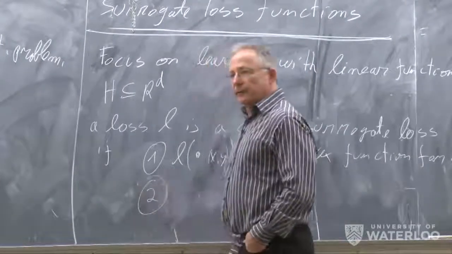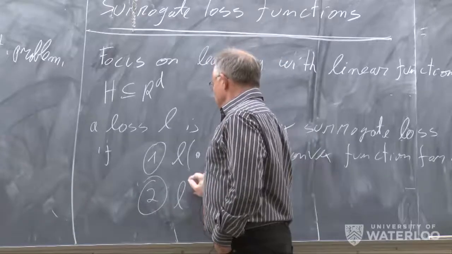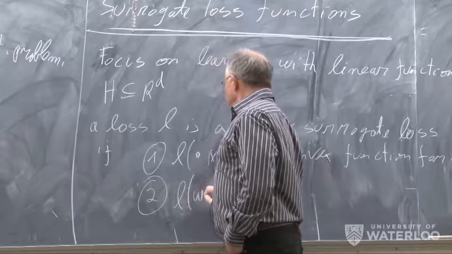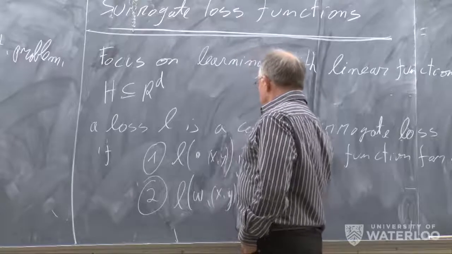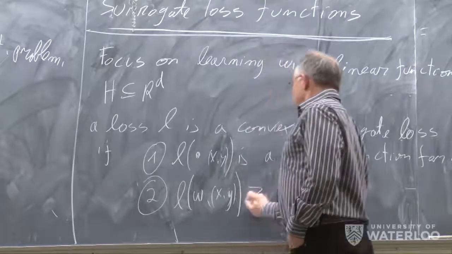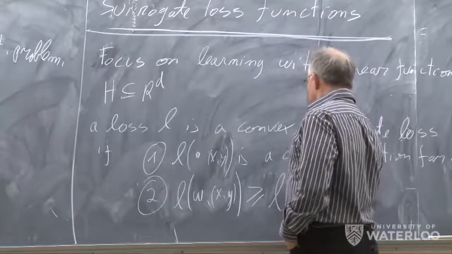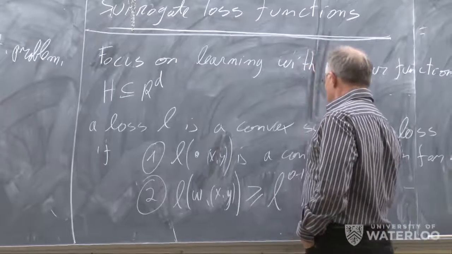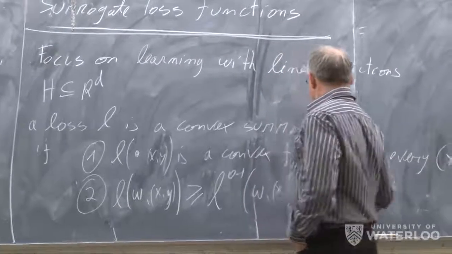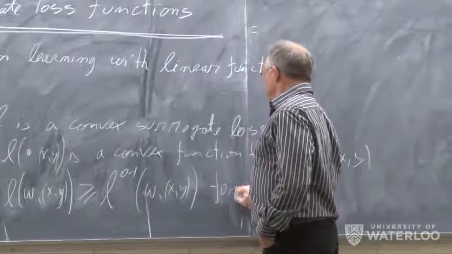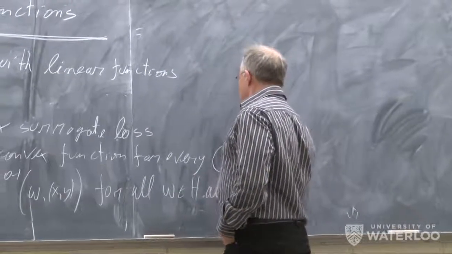And second, that for every xy, my L of W, xy is greater or equal than the L0,1 loss of W, xy for all W in H and all xy.